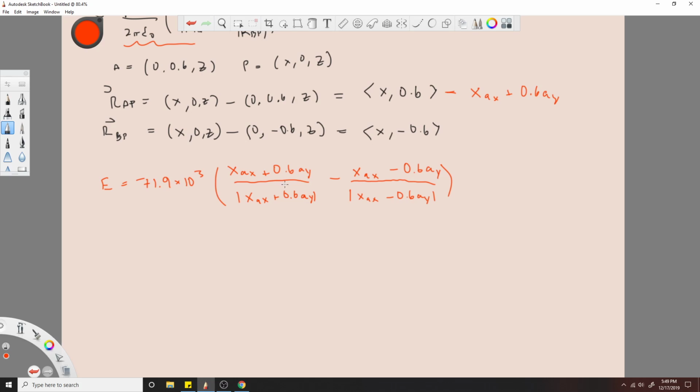So you solve this, and remember, the absolute value is just the square root of the squares of all that stuff.